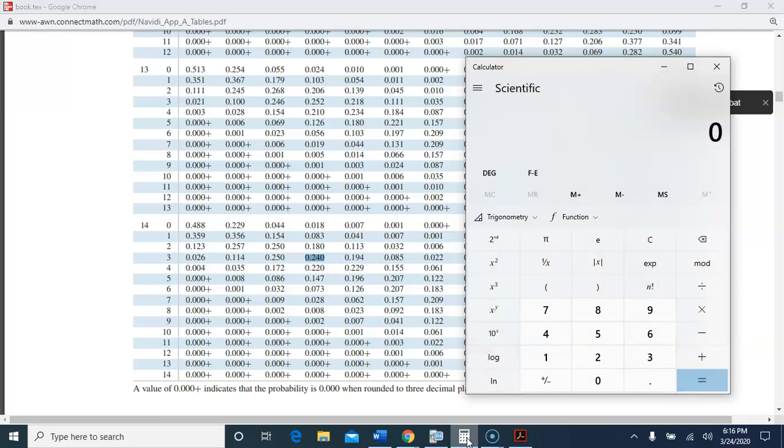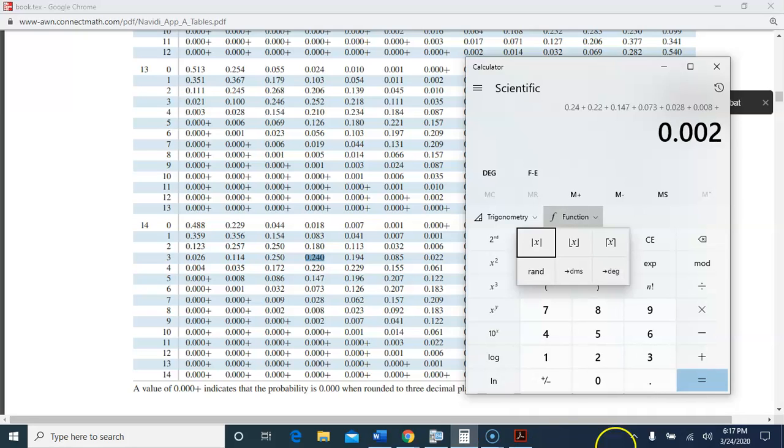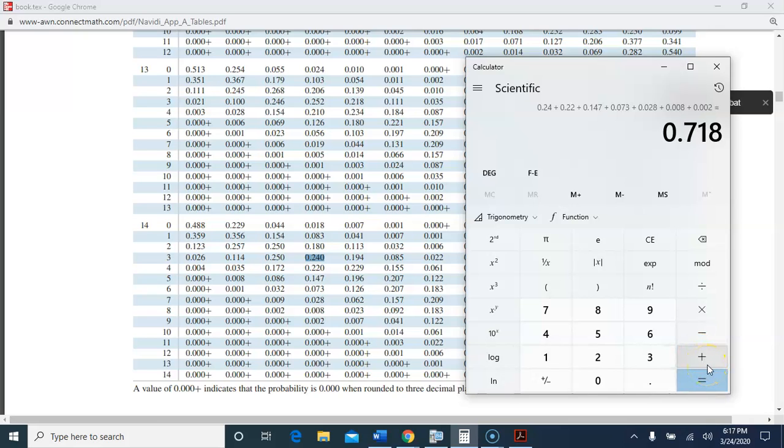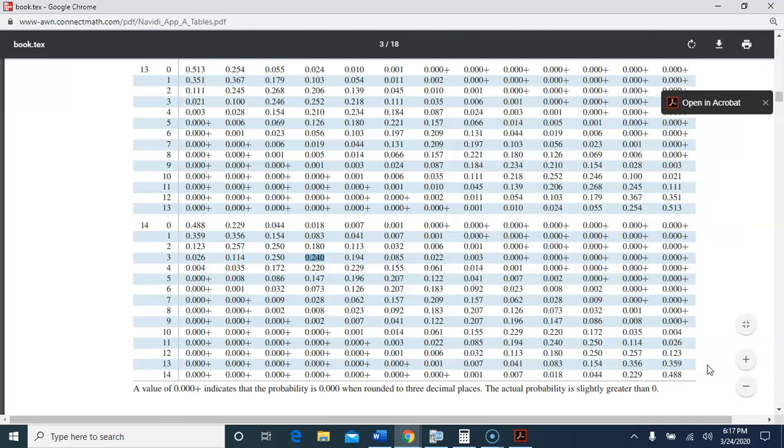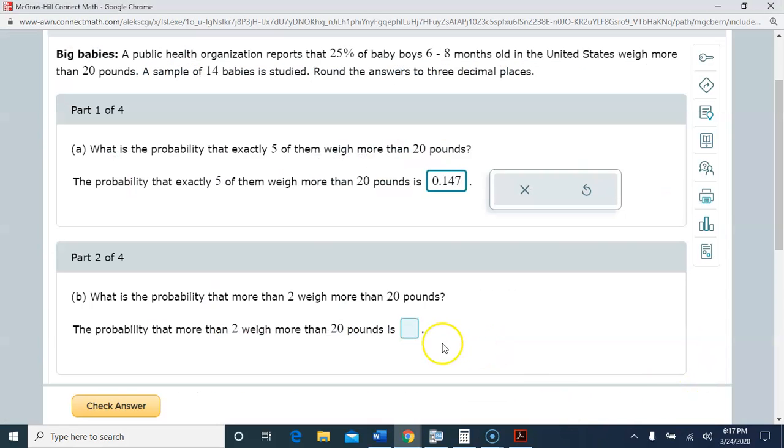We got this probability 0.240, add 0.220, add 0.147, add 0.073, add 0.028, add 0.008, and add 0.002. That looks like the end of the road, and that is 0.718. So let's go back to our problem here. It looks like that's going to be 0.718.